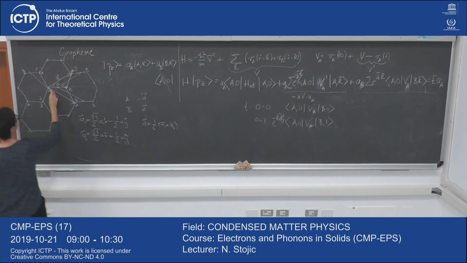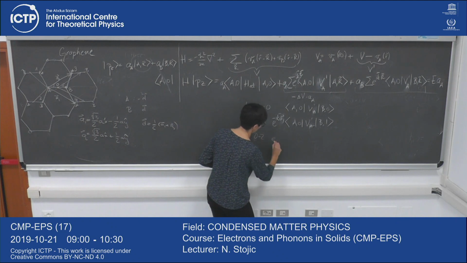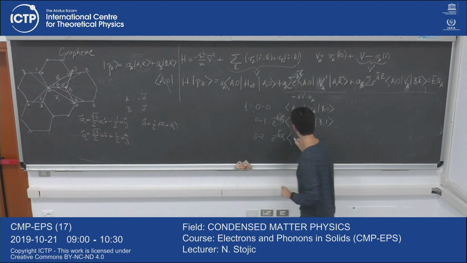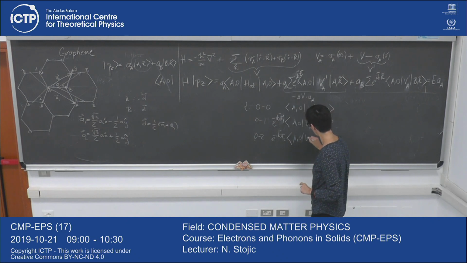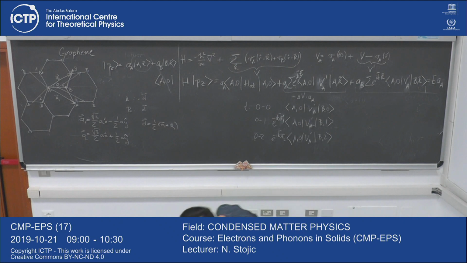And the neighbor 2. It's this vector. It is minus A2. You check that there is no surprises.